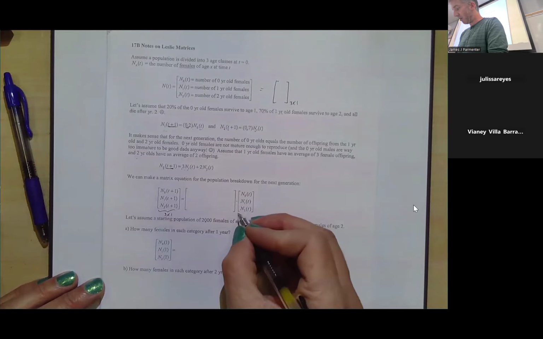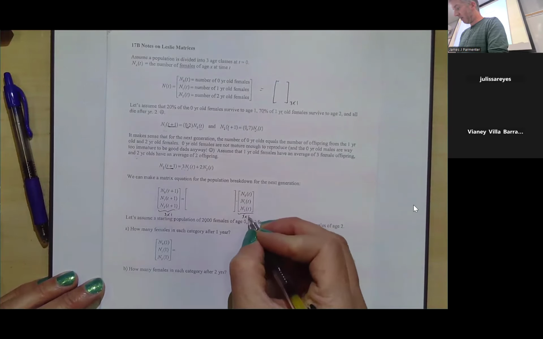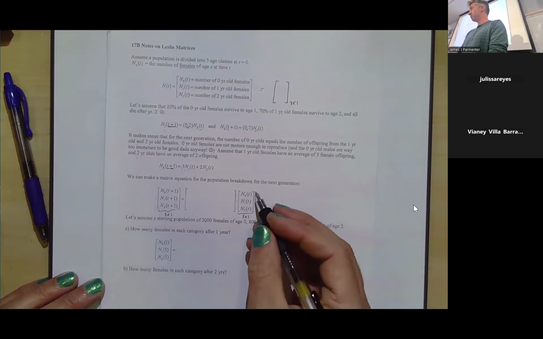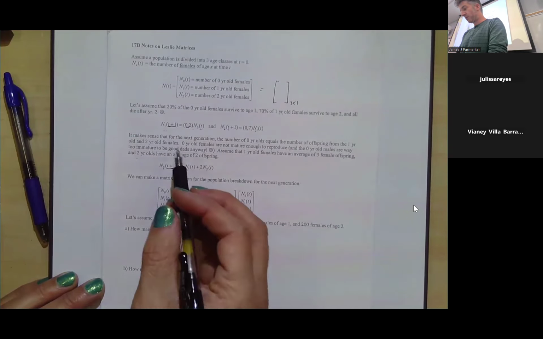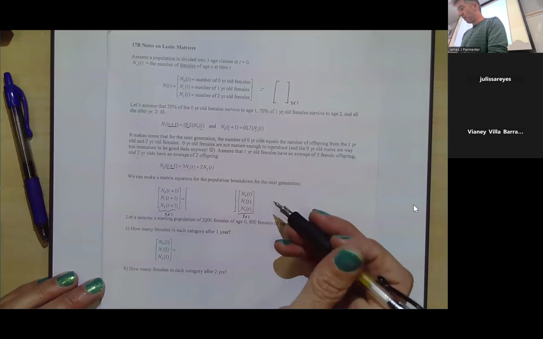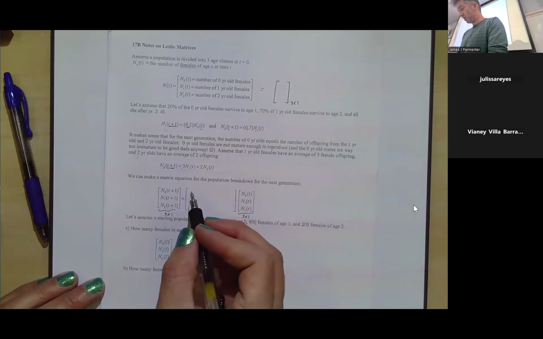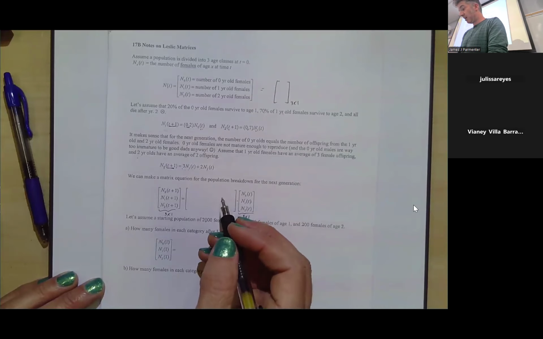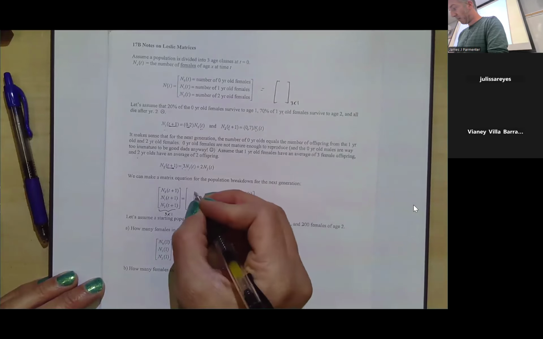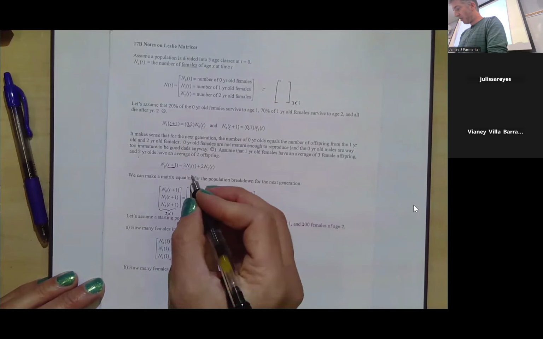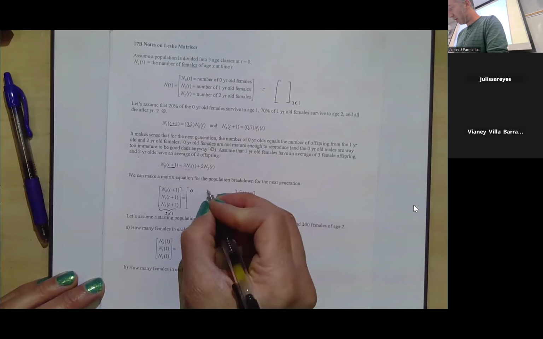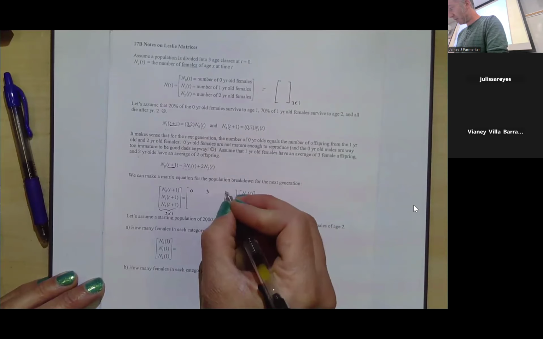And then we have the 3 by 1 matrix over here of the 0, 1, and 2-year-old amounts this year. And to get from this year to the next year, we're just going to do the same math. We know that the number of 0-year-olds, which is the first entry that I want to get, is going to be 0 times the number of 0-year-olds. That's a lot of zeros last year. 3 times the number of 1-year-olds last year, plus 2 times the number of 2-year-olds last year.